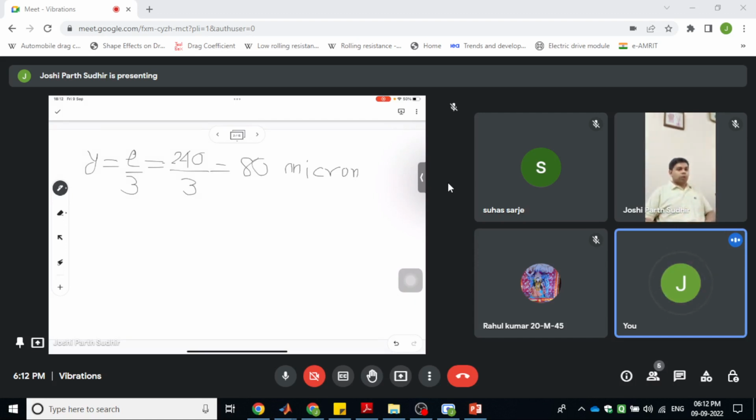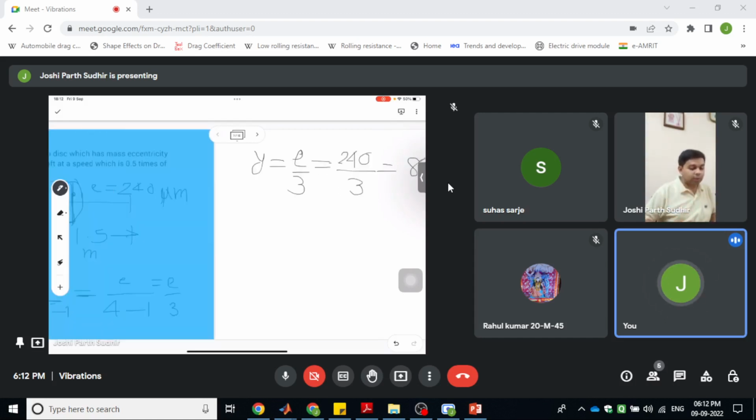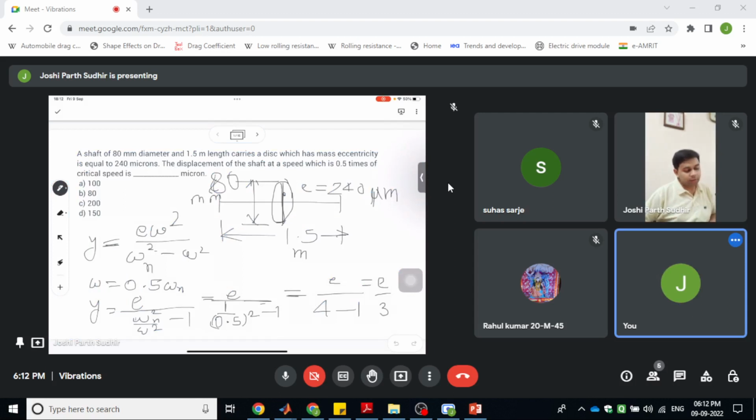So when the shaft is rotating at half of the critical speed, the displacement of the shaft will be 80 microns.